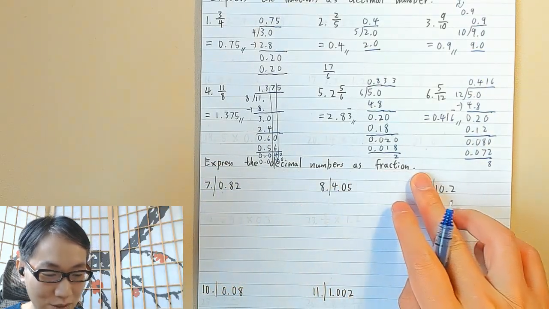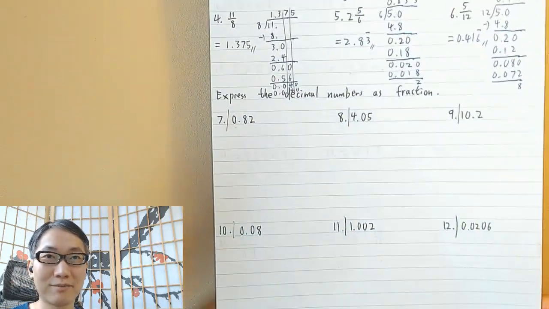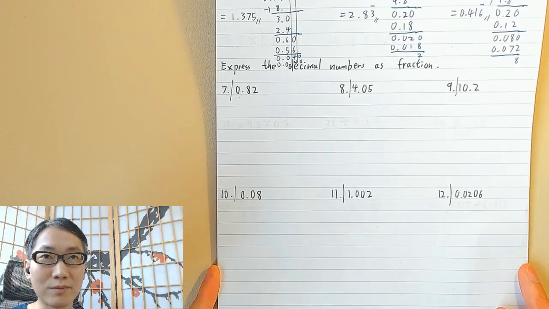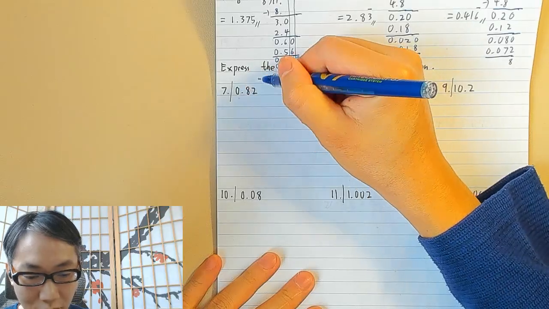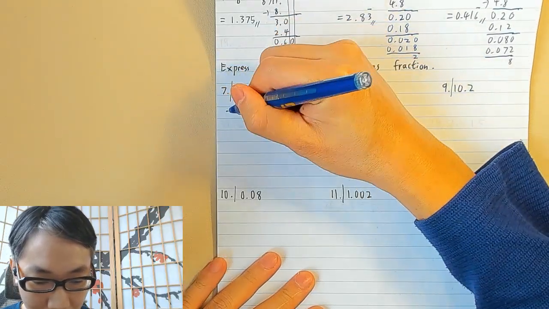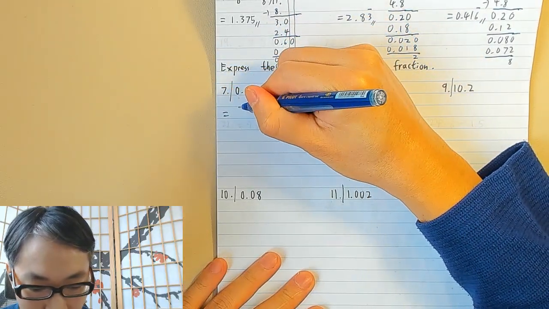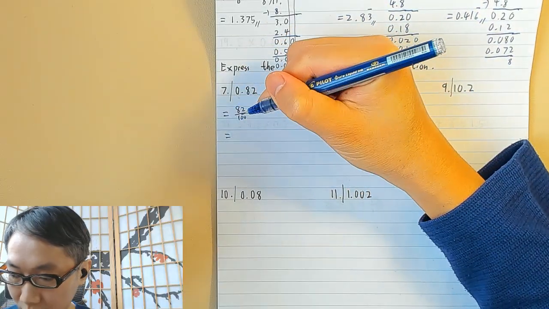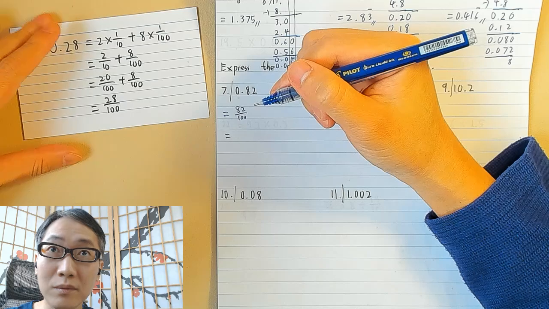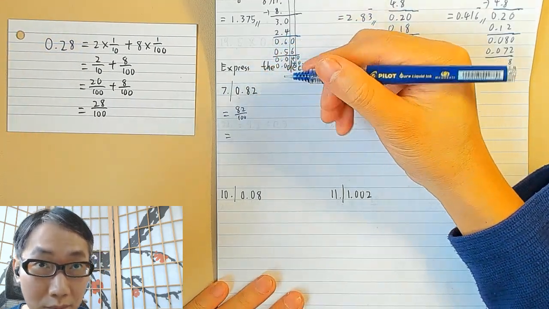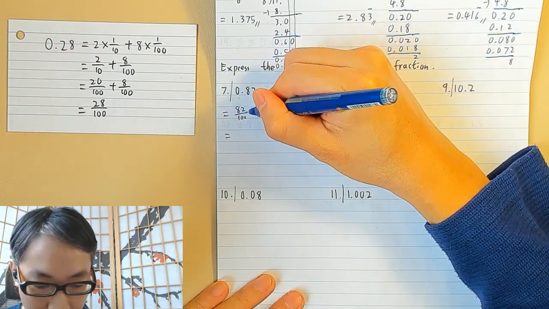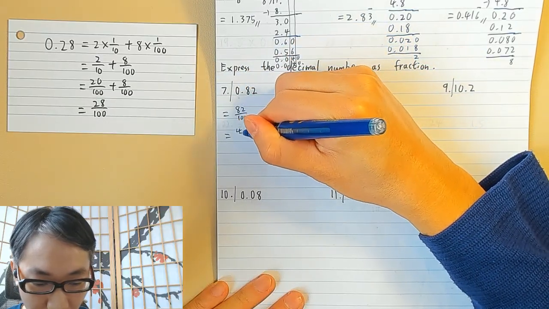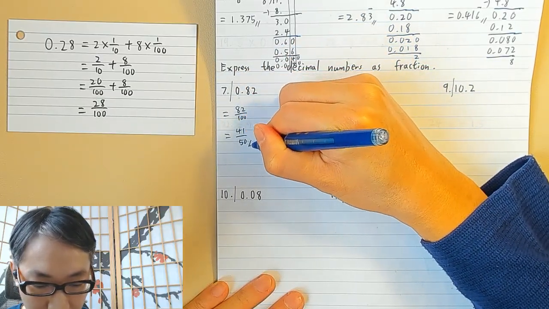And express the decimal numbers as fractions. So now we turn this into a fraction. 0.82 is 82 over 100, and both of them are divisible by 2, so 41 over 50.